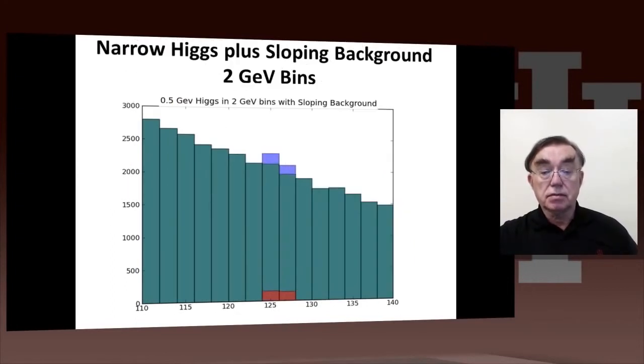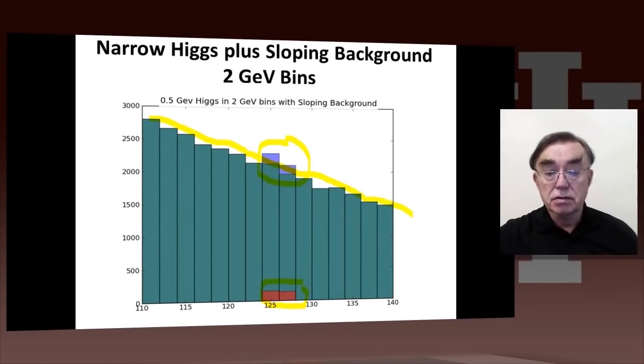Here is back to the full data sample. And this one here is a much more striking enhancement. This corresponds to taking that narrower Higgs with a width of half a GeV and superimposing it on the same background as before. Here's the Higgs, here it's added to the sloping background, and here's the sloping background.